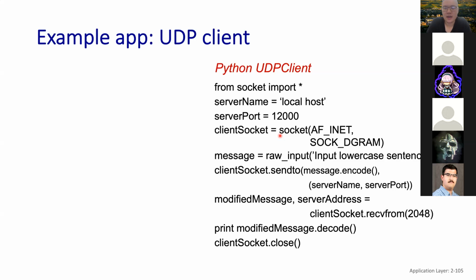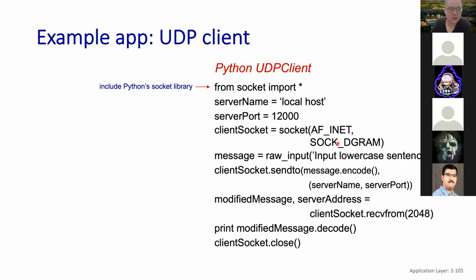It's just IPv4 or IPv6. Generally speaking, we use AF_INET, which is the family of the IP address. And then you give the socket the datagram type, right? So that's how you create the socket.